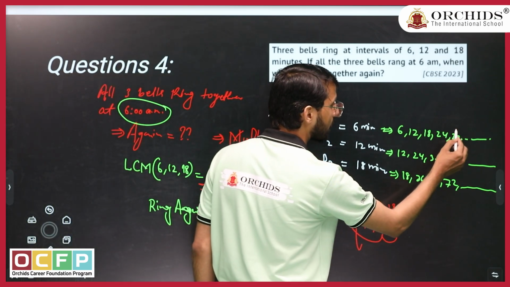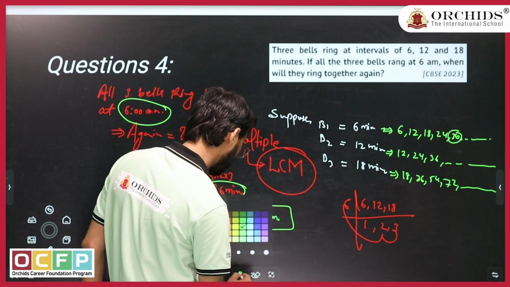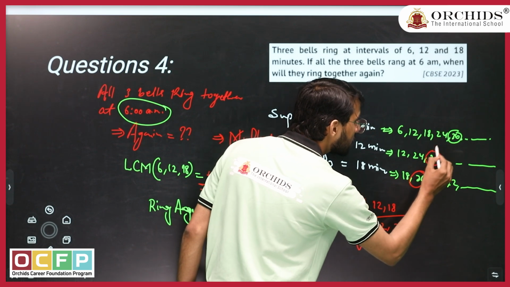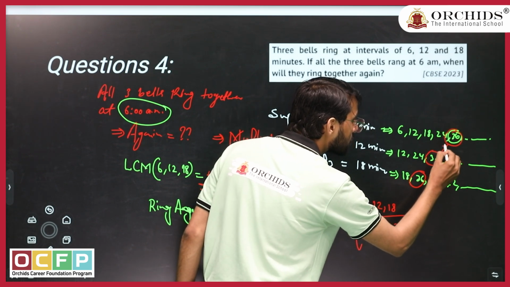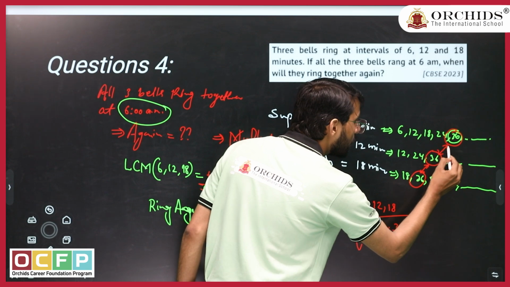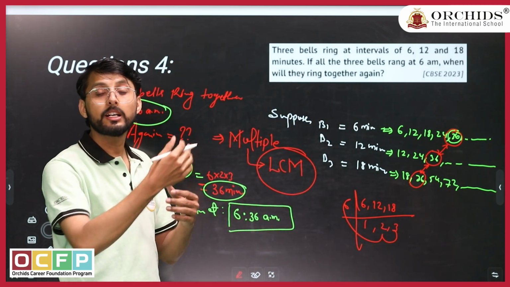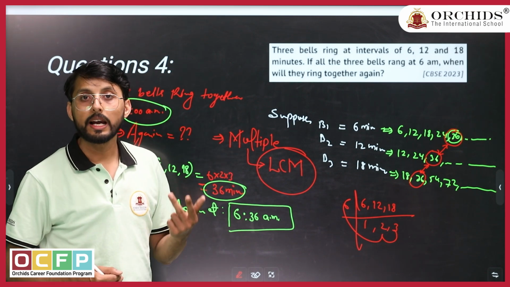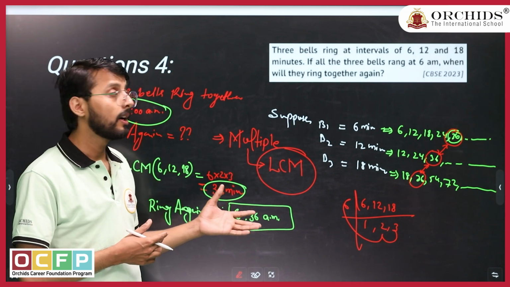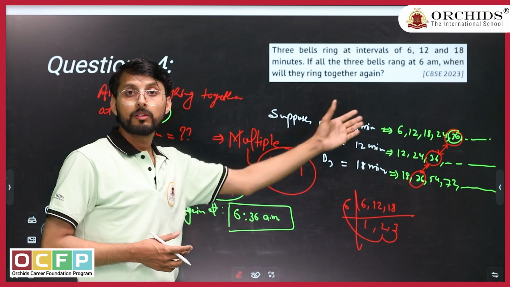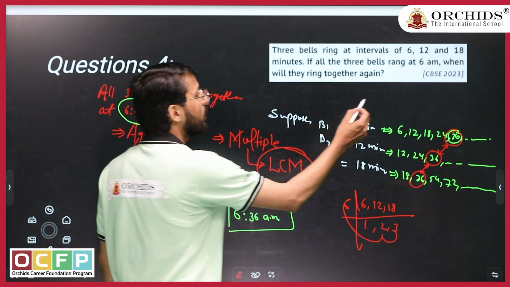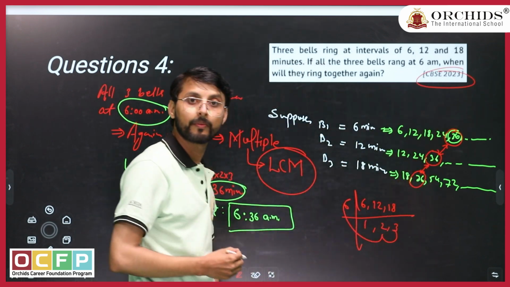Here we are getting 36, and in the remaining two also we are getting 36. So 36 is the first number which is common in all three. If you are going for the higher, it means you are going for the LCM. If you are going for the factor, it means you are going for the HCF part of the question. This way we are going to solve such questions. This is an application based question from CBSE 2023 real numbers.